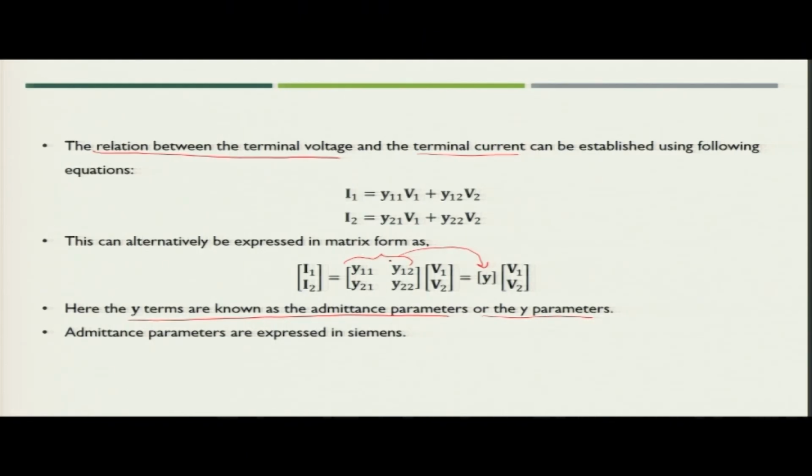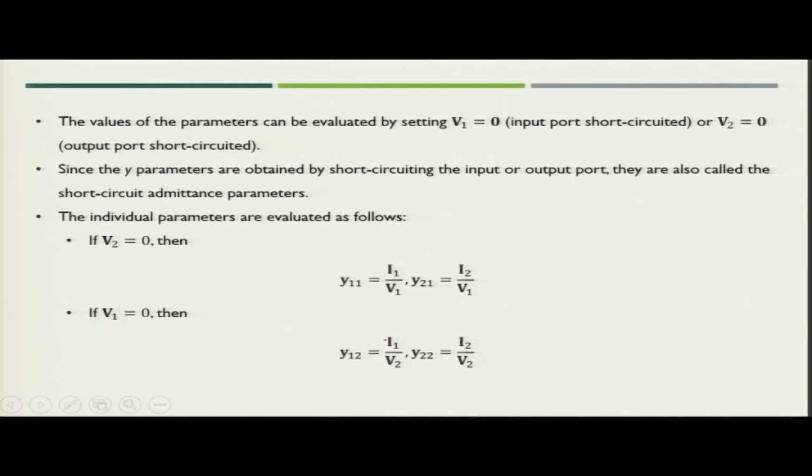The multiplication factors used to express the currents in terms of voltages give you the admittance parameters. These are expressed in Siemens, or you can also say mhos, because they are the opposite of impedance.